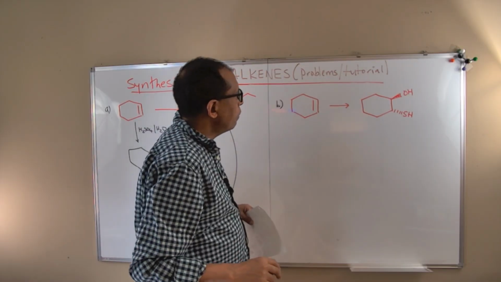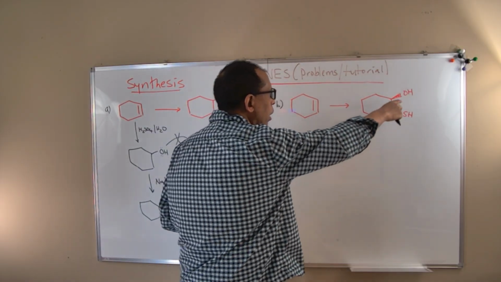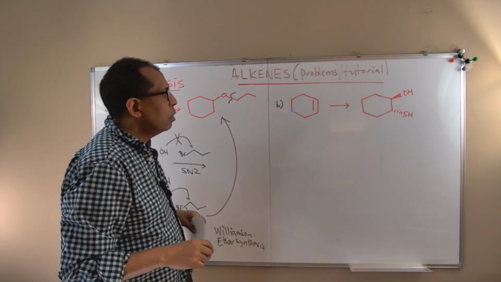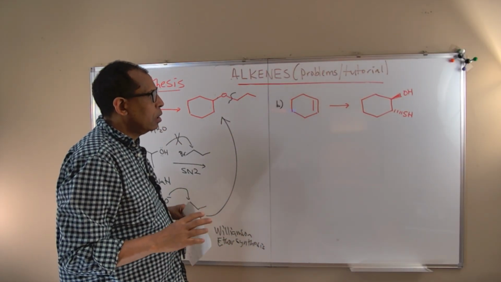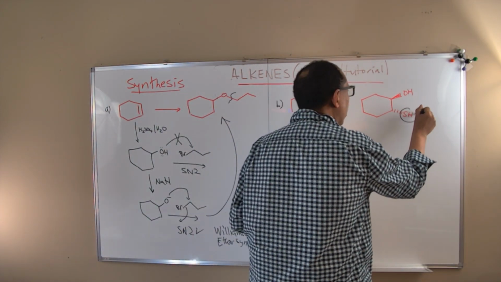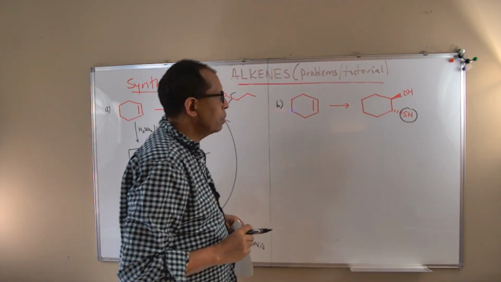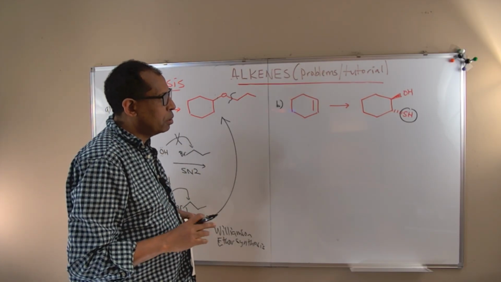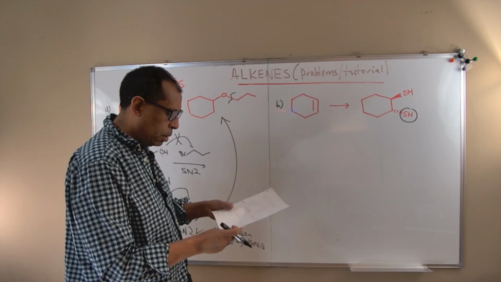Here I have a thiol and a hydroxy compound from the cyclohexene. So I think what I see here is a nucleophile. That nucleophile would be substituting a bromo compound.